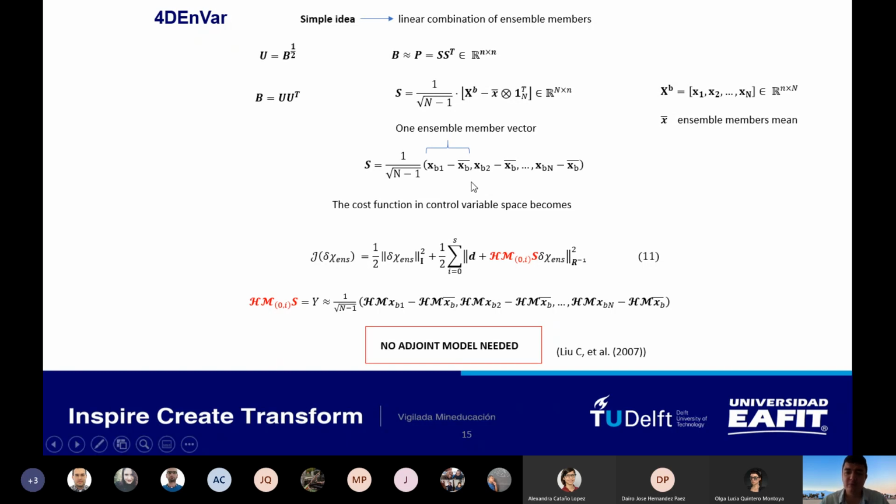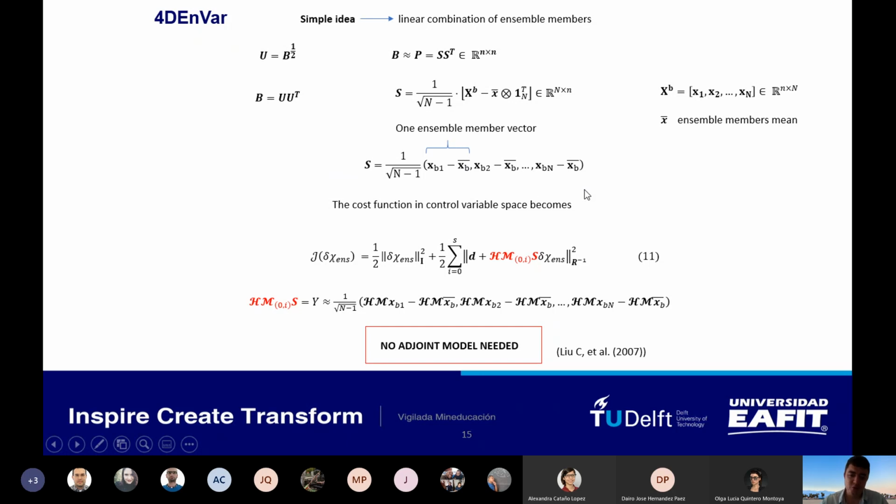If you have multiple propagations of the model, you can create what is known as the deviation matrix. It's a matrix that relates the difference between each one of the ensemble members and the mean.